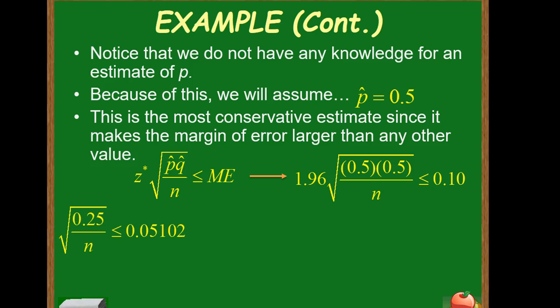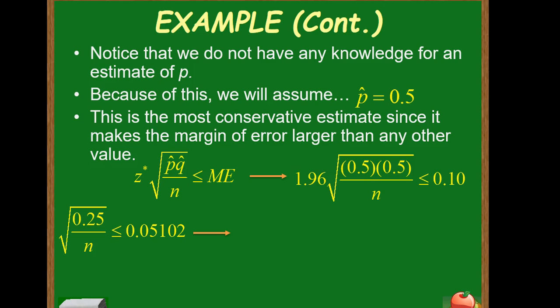One of the first things I would do would be to divide by 1.96. So we get the square root of 0.25, which is just 0.5 times 0.5, over n is less than or equal to 0.05102, which is basically what 0.10 divided by 1.96 is.